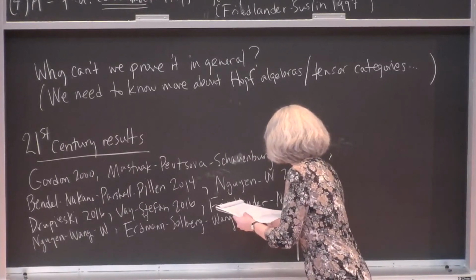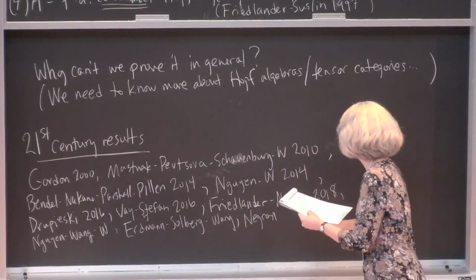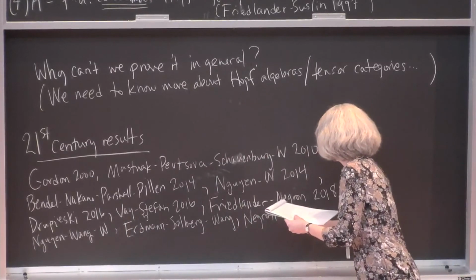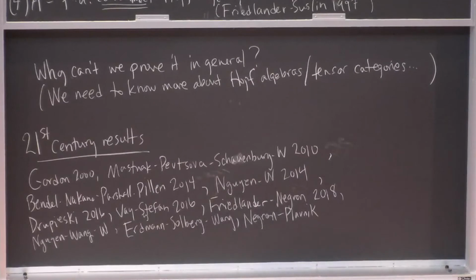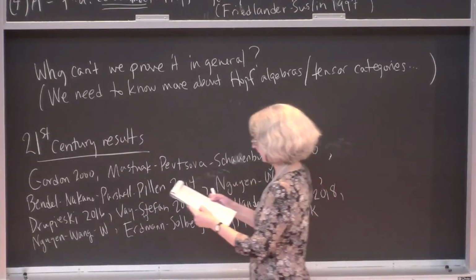And there's some recent work, well, all of this is very recent, of Chris Negron and Julia Plavnik. See her? They have some general results on finite tensor categories, some general results on duality in centers that can be very useful in some settings. Okay.